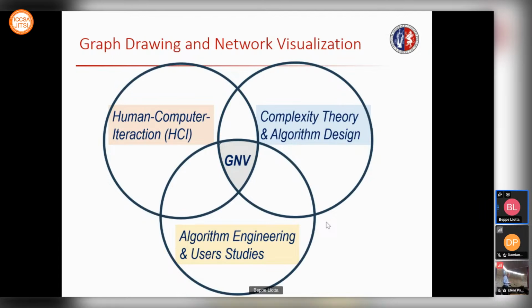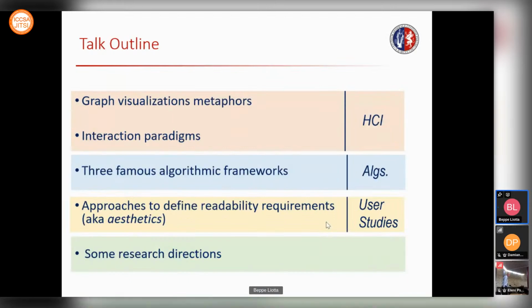So this was kind of a prologue. In the rest of the talk, I will try and cover a little bit of these three components and explain how they relate to this area. So I will talk about graph visualization metaphors and interaction paradigms, and this is the human-computer interaction side of the area.